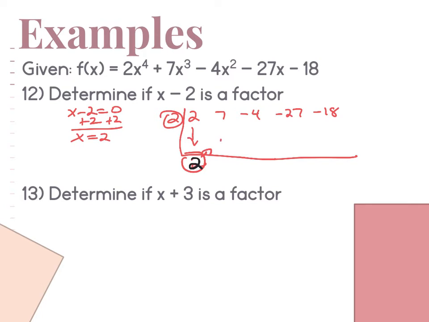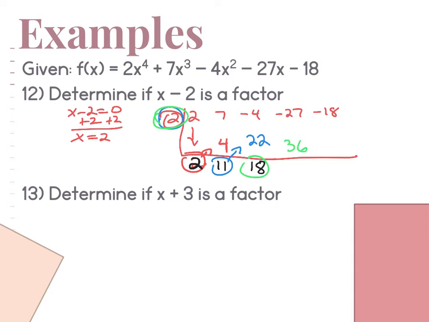And I get 4. I'm going to add the column. I get 11. I'm going to multiply. I get 22. I'm going to add the column. I get 18. I'm going to multiply. I get 36.